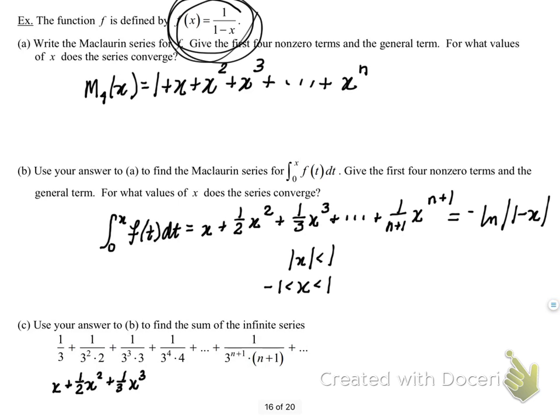So this whole thing is just the negative natural log of 1 minus 1/3, or the negative natural log of 2/3. If you really want to get fancy, it's the negative natural log of 2 plus the natural log of 3. Yay! Sorry that was so long.